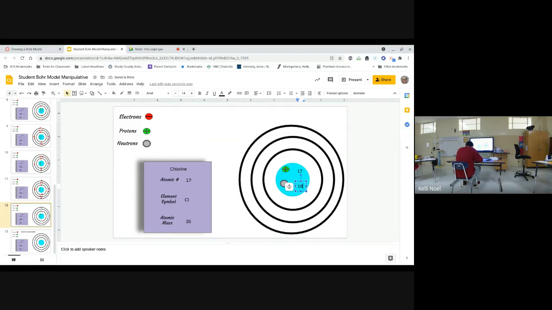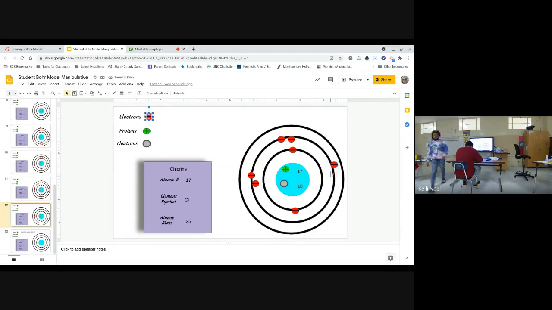All right, greater than 10, so I know that I'm gonna have 2 on the first, 8 on the second. 17 take away 10 leaves 7. So I'm gonna have 3 groups of 2.